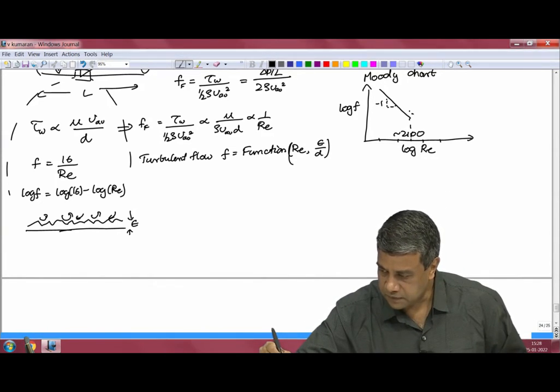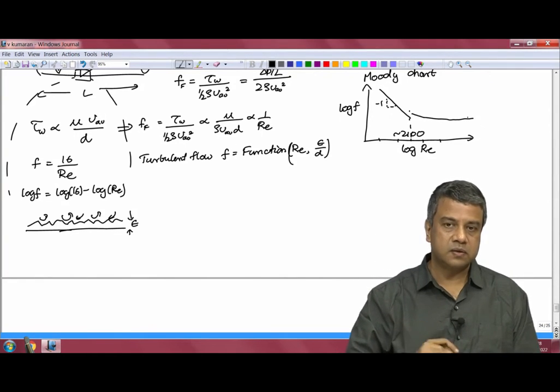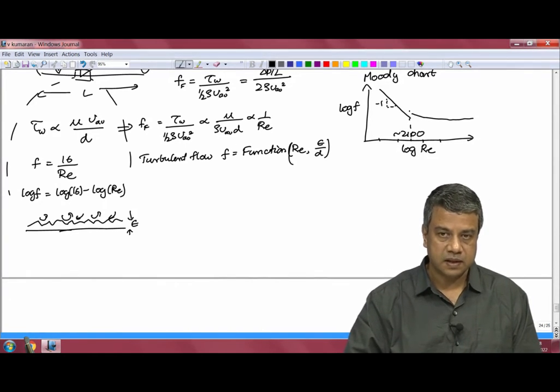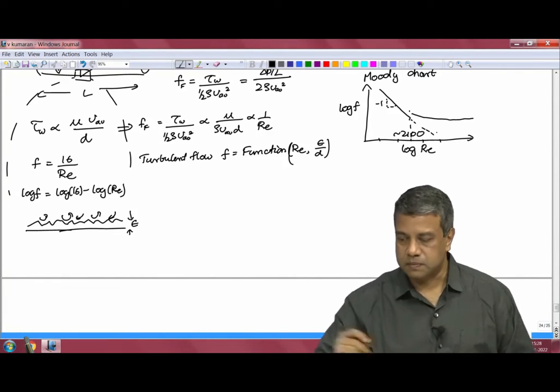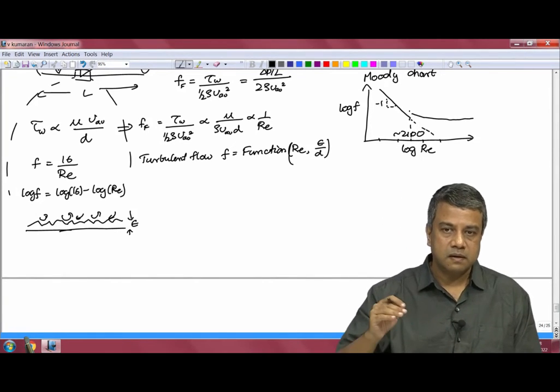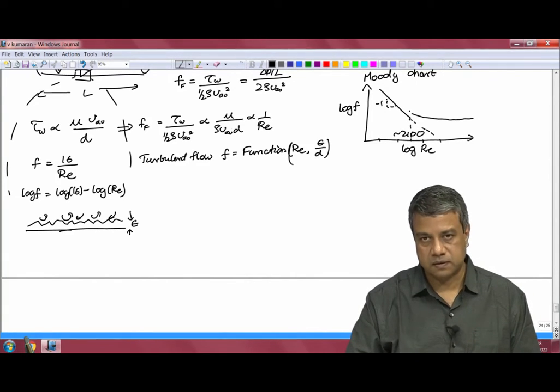And the friction factor follows another curve, which decreases slower than the laminar curve. Therefore, the friction factor in a turbulent flow is much higher than that in the extrapolation of the laminar flow.